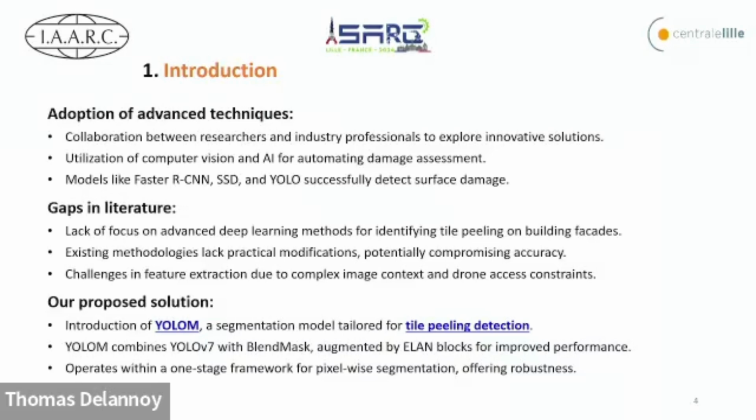But in the literature, there is a focus on advanced deep learning methods for identifying tile peeling on building facades. Existing methodologies show promising accuracy, but also face challenges in feature extraction due to the complex image context and drone access constraints.